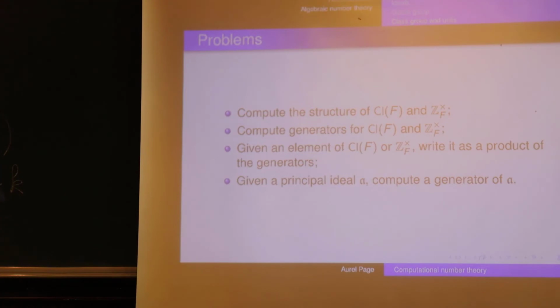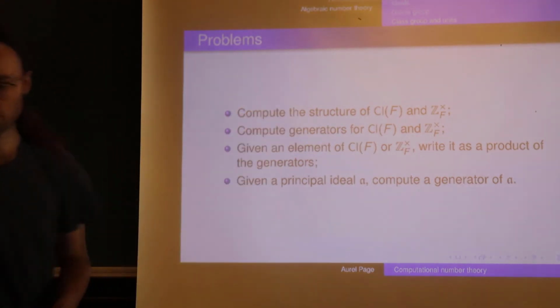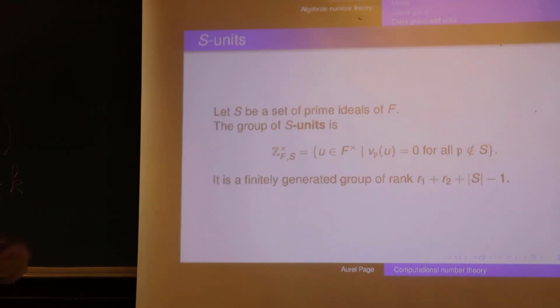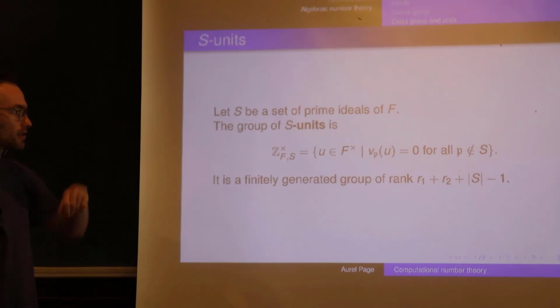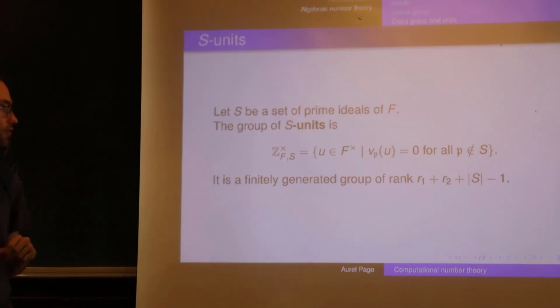The reason that we usually do both at the same time is basically because we reduce everything to computations with S-units. S-units is a slight generalization of the notion of units.